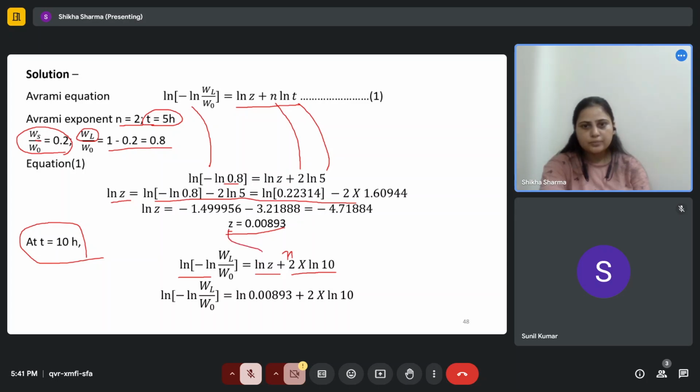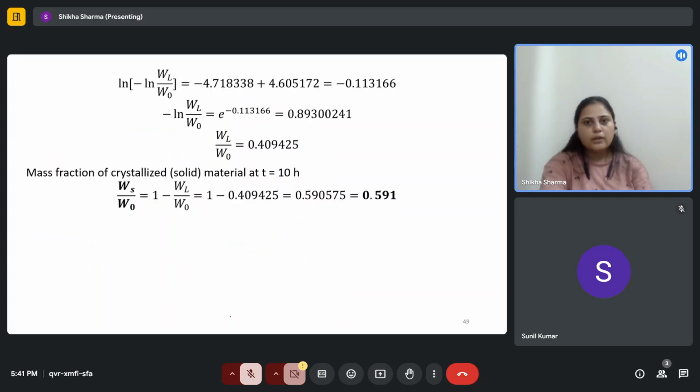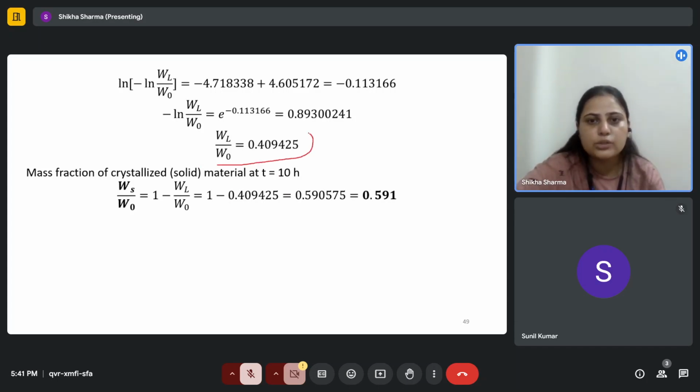Here we put the Z value and we can calculate the left hand side part, which is Wl by W naught equals 0.409425.